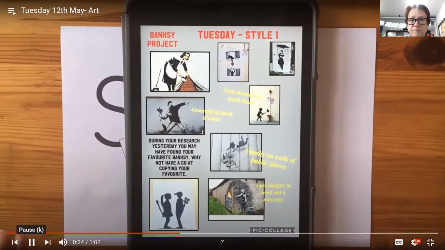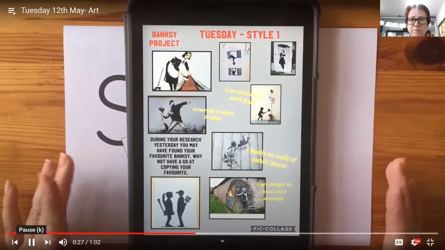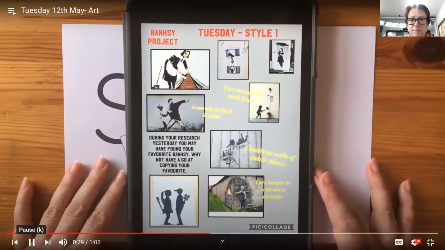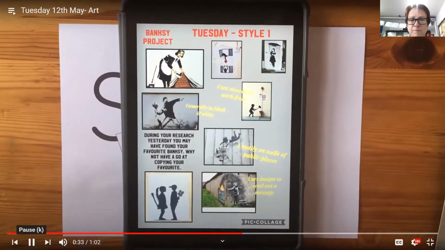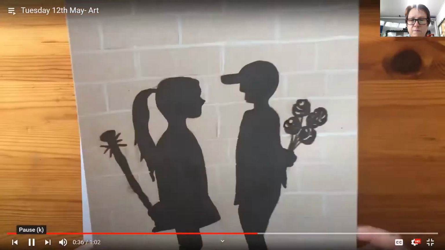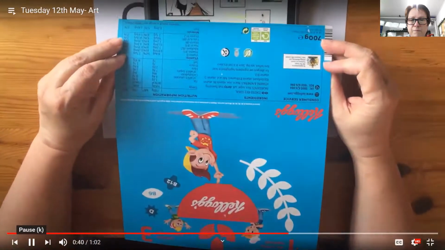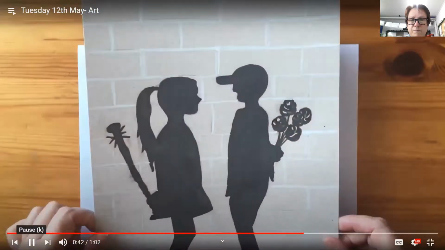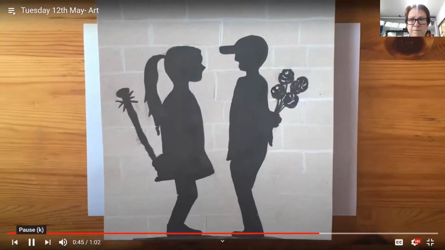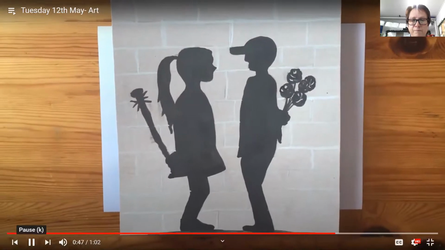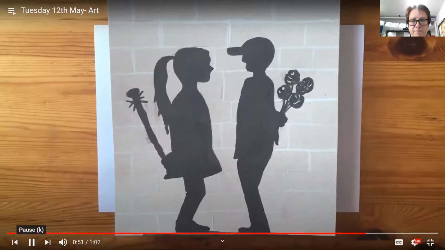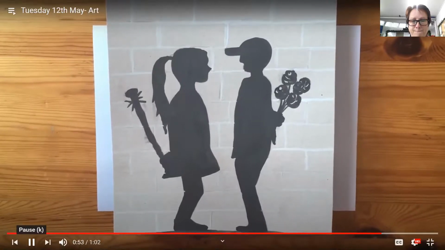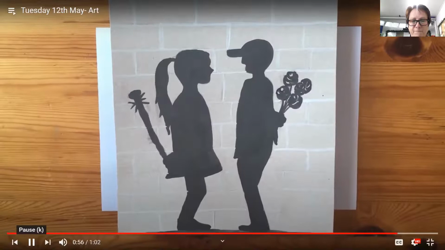So your style for today is to pick your favourite that you found out yesterday and just recreate it. So this is my go here, and this is the live version. I have just used an old cereal packet, as I didn't want to do it on my new garden wall, but I've created a wall and I've just copied one of his pictures. So that's it for style 1. Have a go, upload your images.